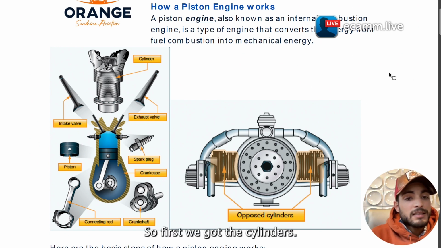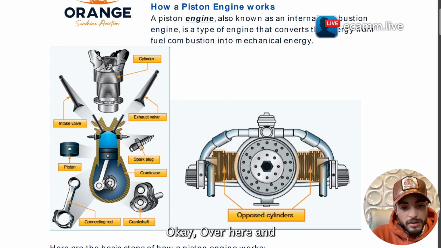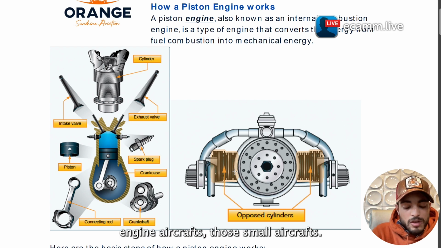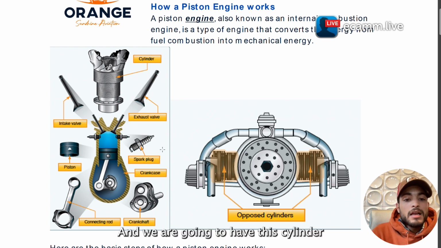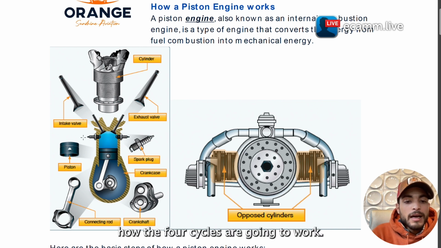So first, we got the cylinders, okay, over here, and on usually piston engine aircraft, those small aircraft, we do have horizontal opposed right here, and we're gonna have the cylinder right here for us to show later on how the four cycles are gonna work.